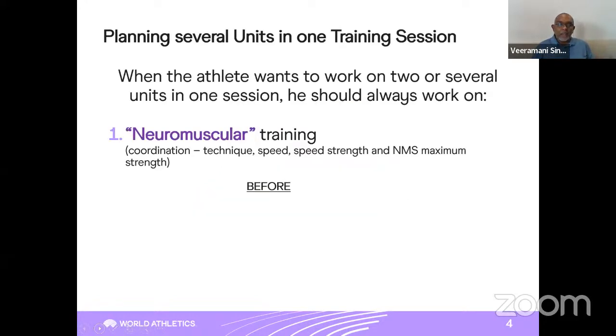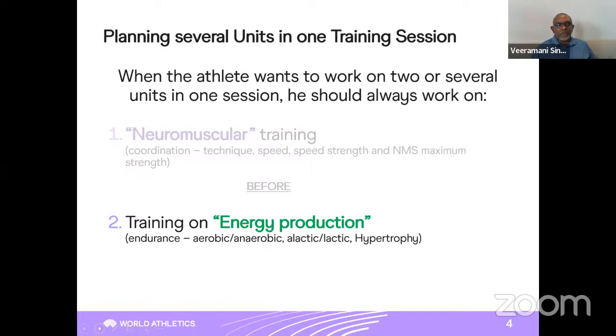When we are planning several units, more than one unit, we need to keep this in line. One, always start with neuromuscular training first. These are basically coordination, technique, speed strength, and neuromuscular maximal strength. They always come before energy production.